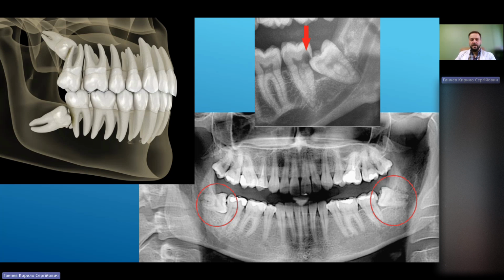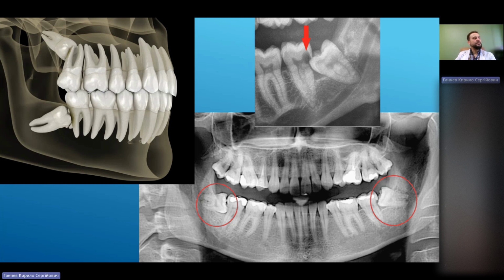There are different ways they could look. We are talking about the third molars and their position in the jaws. Of course, there are some other teeth that could be impacted, but the third molar is more common. It could be the canine, actually, very often too.